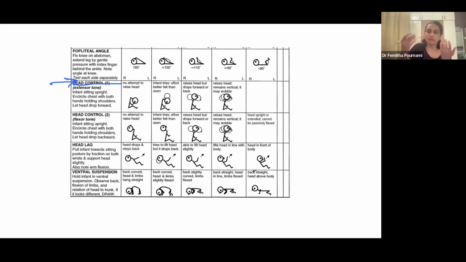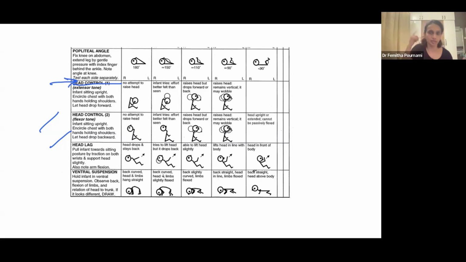Okay. Next, head control 1 and 2. That is flexor and extensor. So what did we know? We know that flexor tone of the head should be better. Which means what? If your baby is in full extension, he should be able to lift better than his ability to lift up. He may be able to do both, but we don't want him to have a better ability to lift up rather than bring forward.